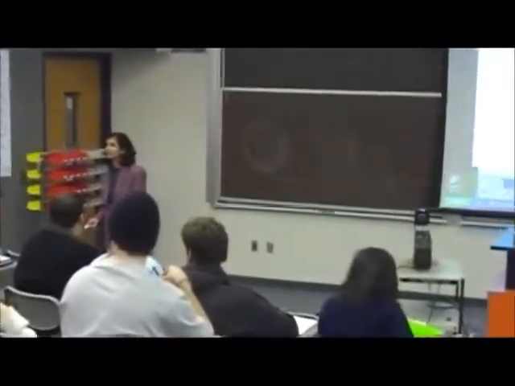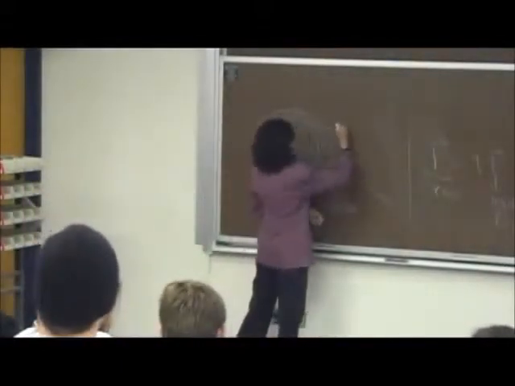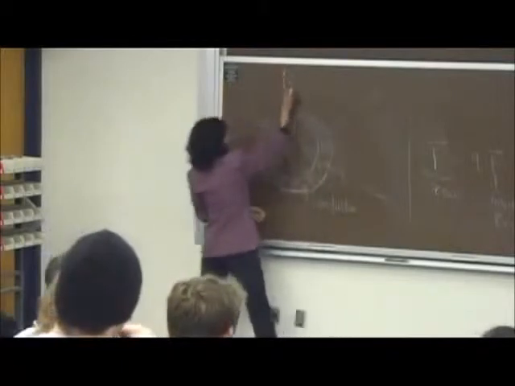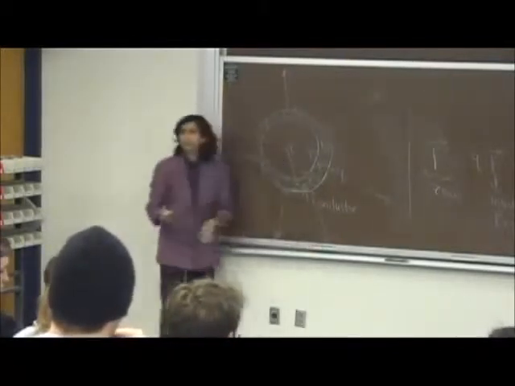Go ahead, please. Wouldn't they be radially outward? Excellent. So over here, the electric field will be radially outward, and which charges are producing that electric field?